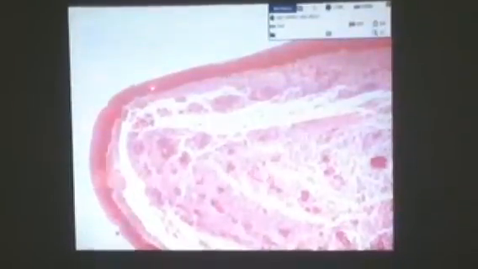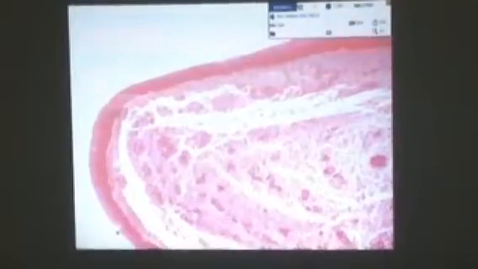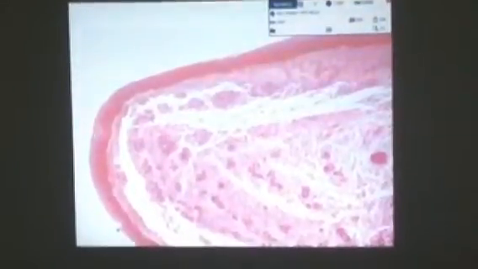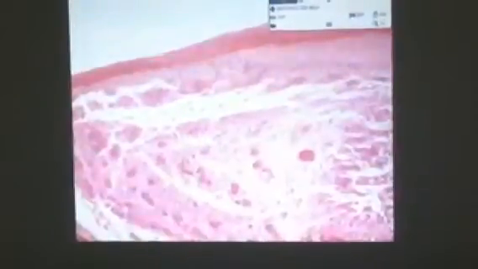Now, we will be able to identify the true vocal cord because of the type of epithelium lining that protrusion of the larynx. Okay, so that is the ciliated pseudostratified columnar epithelium.